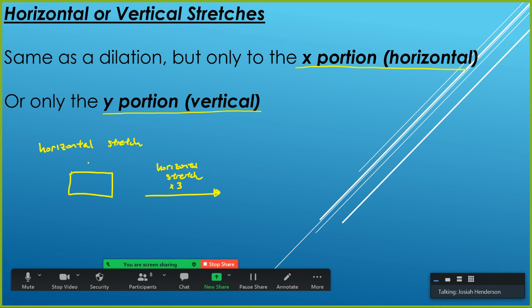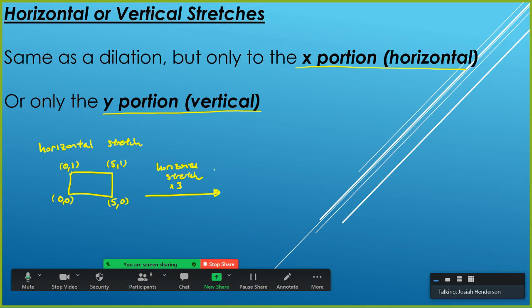So the original points are going to get a times 3 to just their x's. Let's say our points here were 0, 0, 0, 1, 5, 0, and 5, 1.